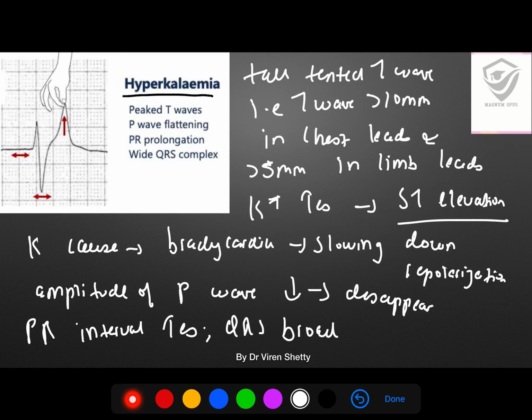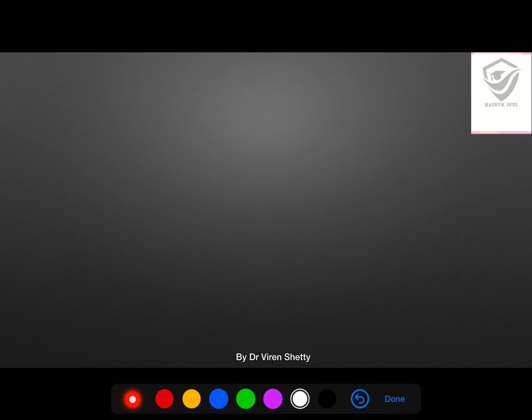So basically when you think of hyperkalemia, just think tall tented T waves, increased PR interval, QRS is broad, but the P wave is disappearing, it is becoming small. As the QRS becomes broad, it will eventually merge with the T wave, and then there is formation of a sine wave pattern.